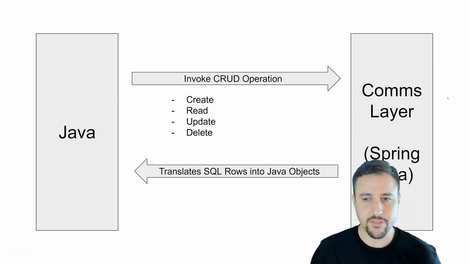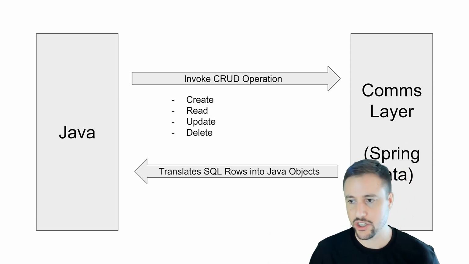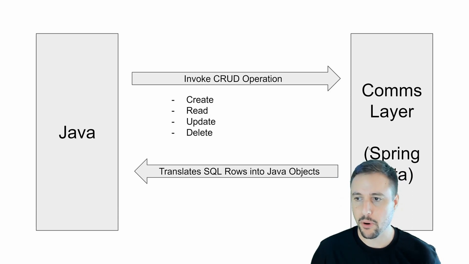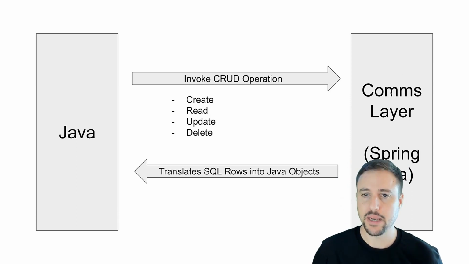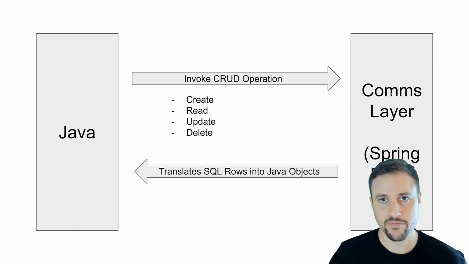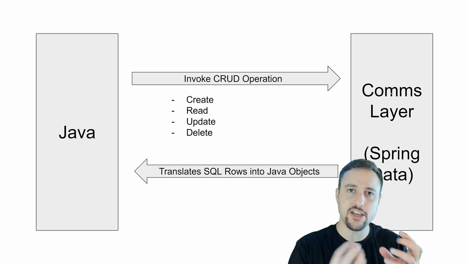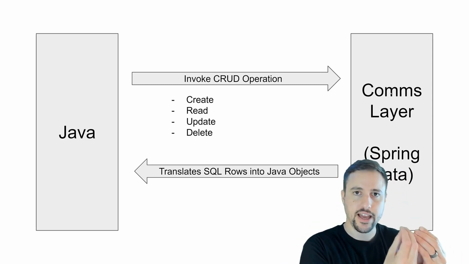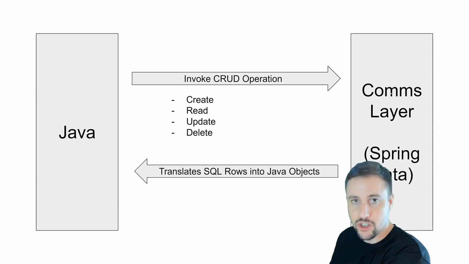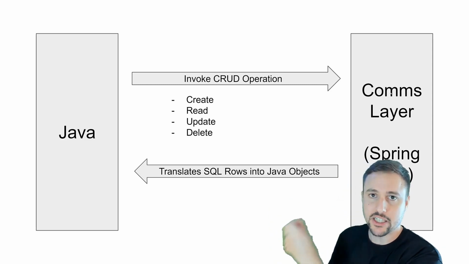Okay, how does Java interact with this next communication layer, the Spring Data layer? The whole purpose of this layer is to be able to communicate with a database. So we're communicating by taking Java objects and turning them into something that a database can understand.